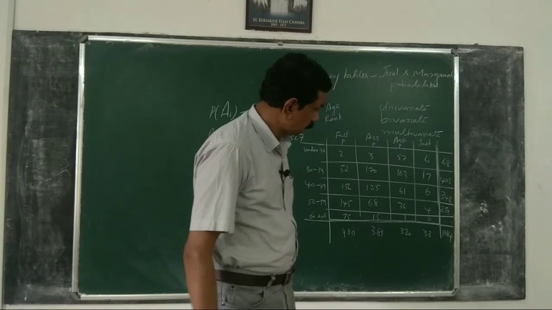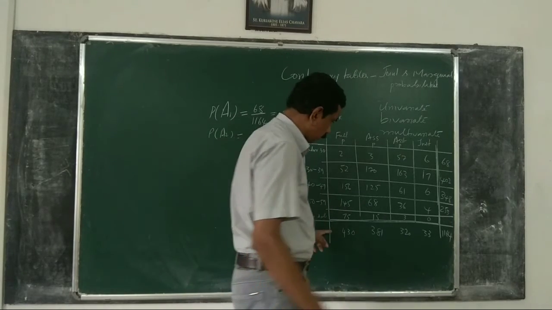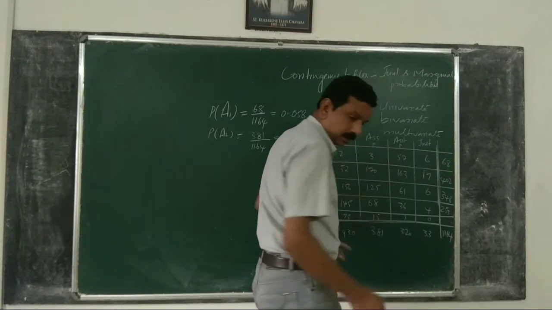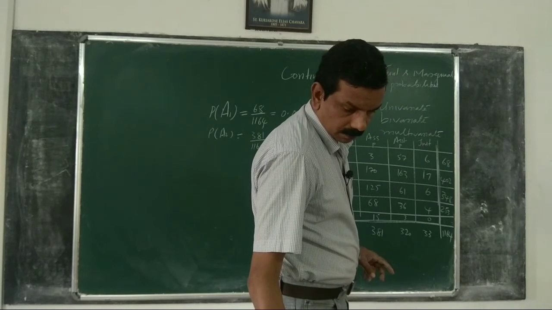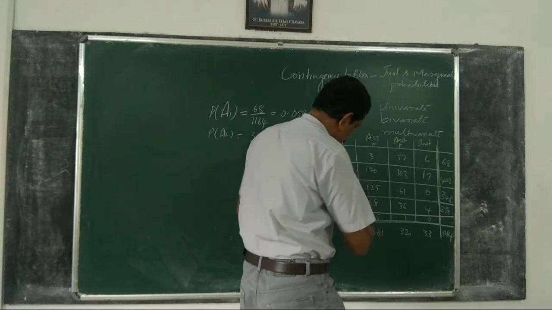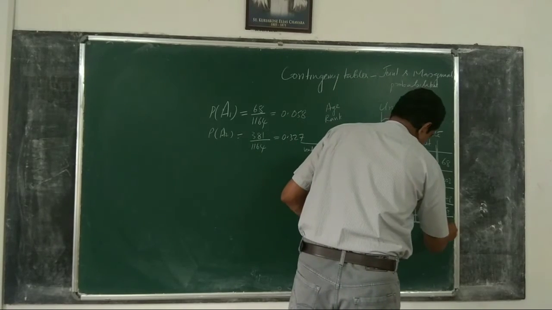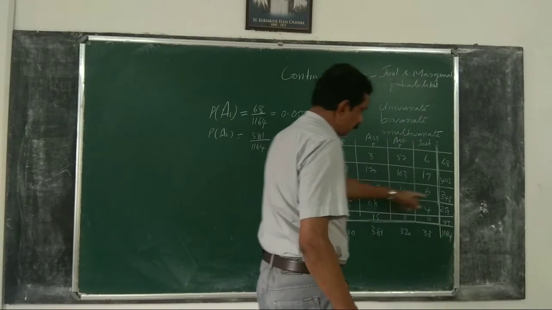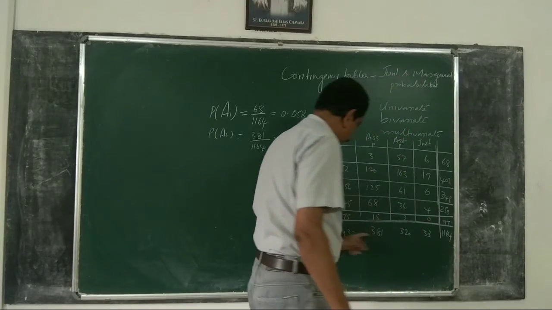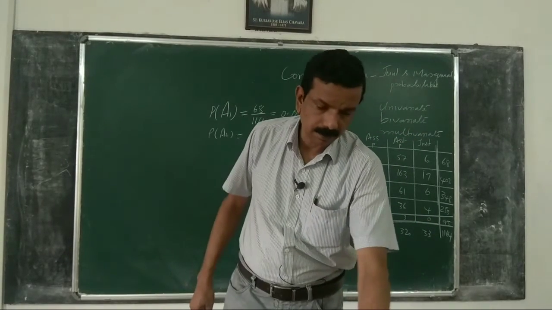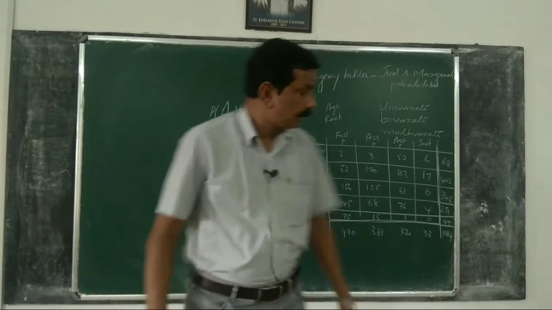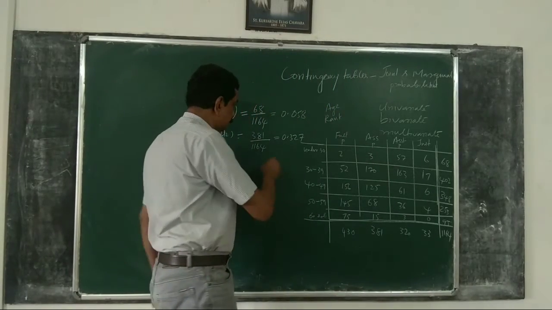Sorry, there is one more here; the value here is 93. A total of 9 probabilities. And these probabilities are known as marginal probabilities.